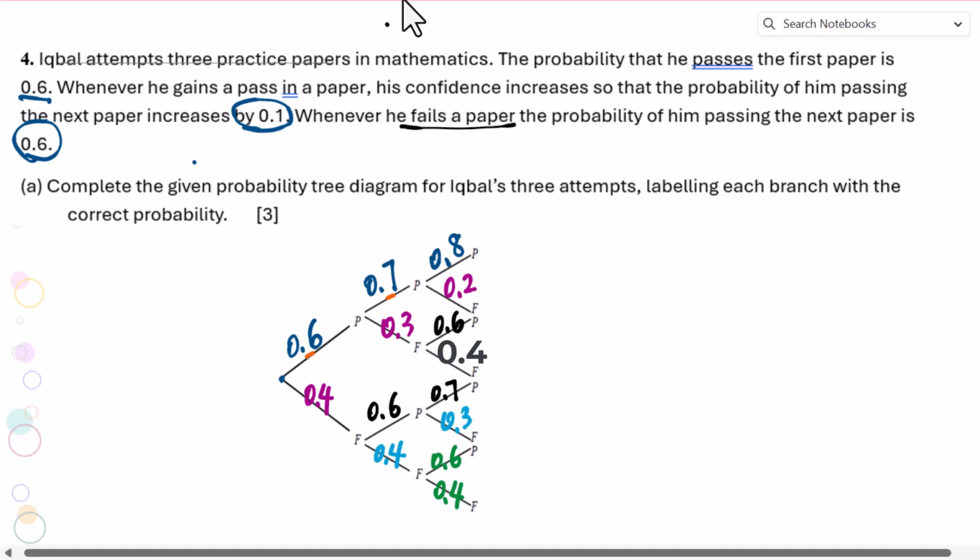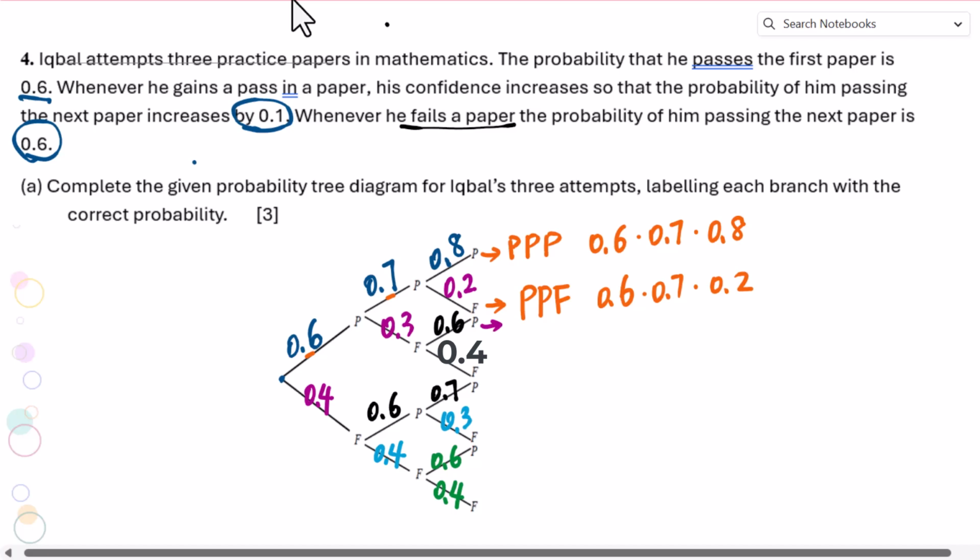0.6, 0.7, 0.8. This is PPP. 0.6 times 0.7 times 0.8. For this path, we got PPF. 0.6 times 0.7 times 0.2.